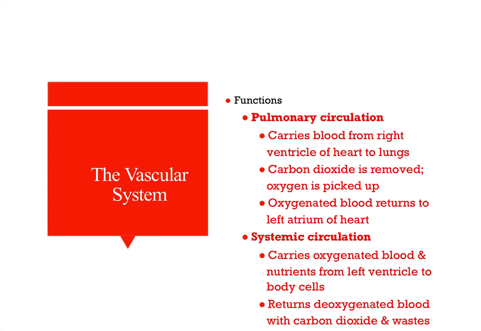All right, we have pulmonary circulation. So now we're getting into, we talked about coronary circulation, we're going to talk about pulmonary circulation. This is where the blood is carried from the right ventricle of the heart to the lungs. So when that deoxygenated blood enters the right ventricle, it has started its pulmonary circulation.